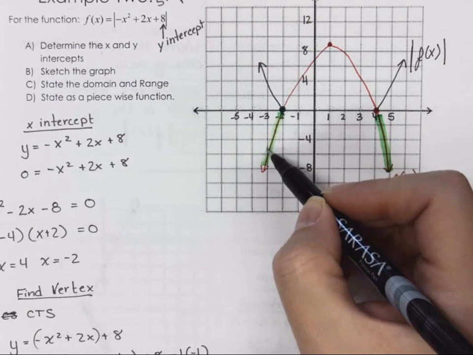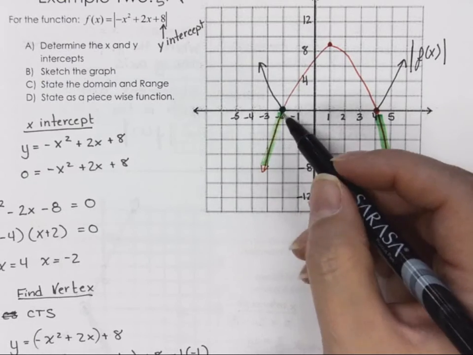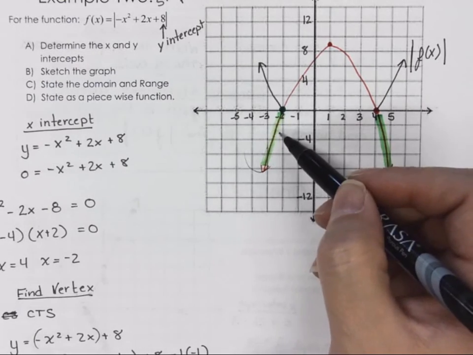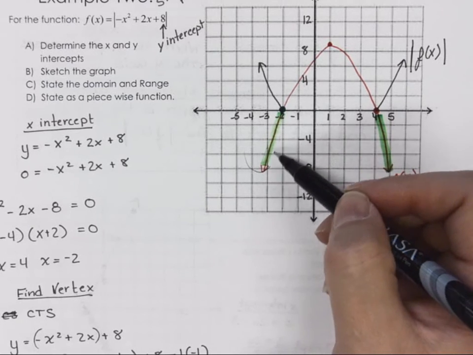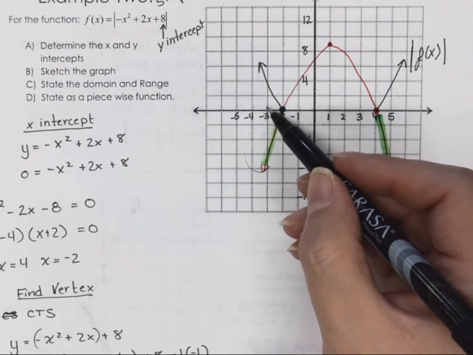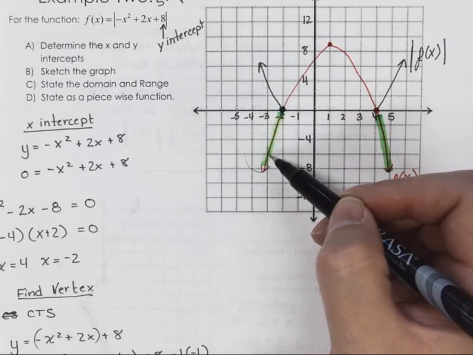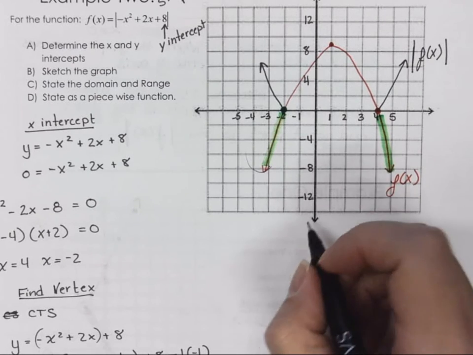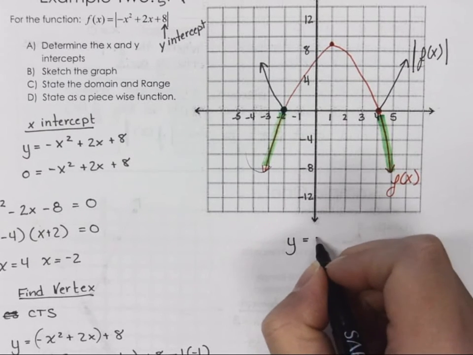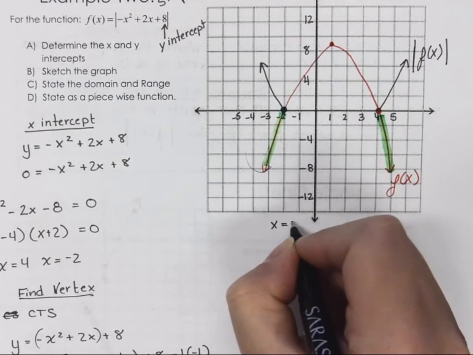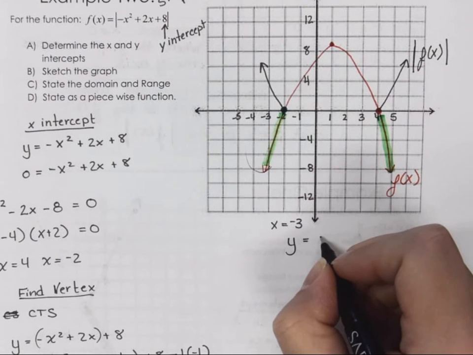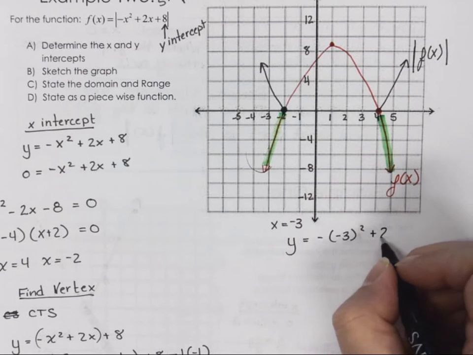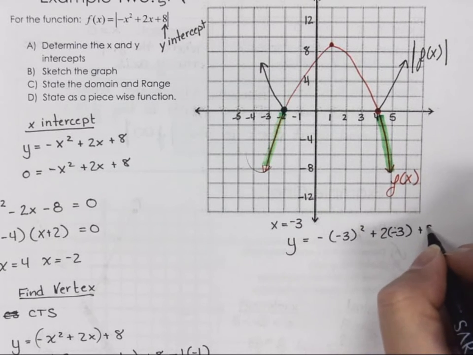Shall we pick -3? Because I know a -3 on the original graph will be a -y value. Look at your graph. The arm at -3 is below the x-axis. So if I use y equals, and I want to know what y is when x is -3: -3 squared plus 2 times -3 plus 8.